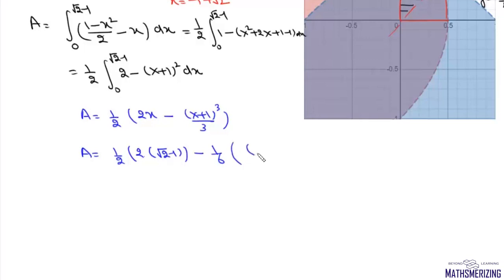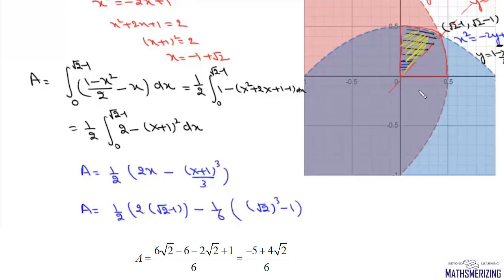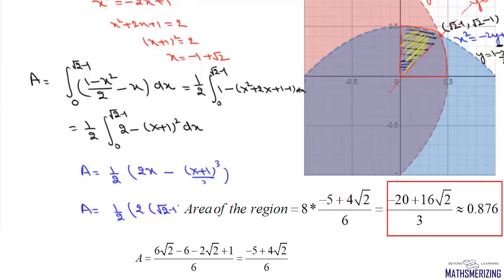If we put the upper limit, it will be root 2 cube minus the lower limit, which is 1. Now we have 8 such regions. So the area of this region will be given by this, and that is the answer to this question.